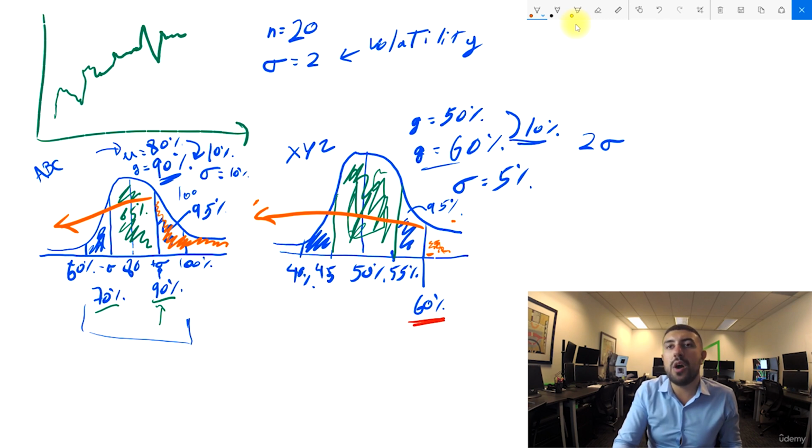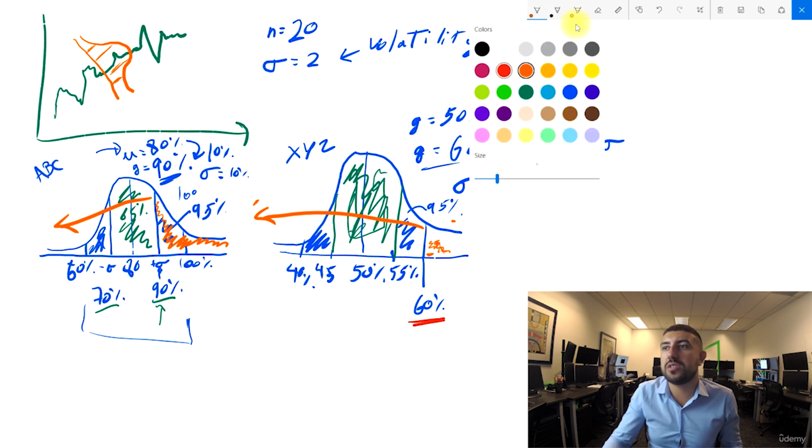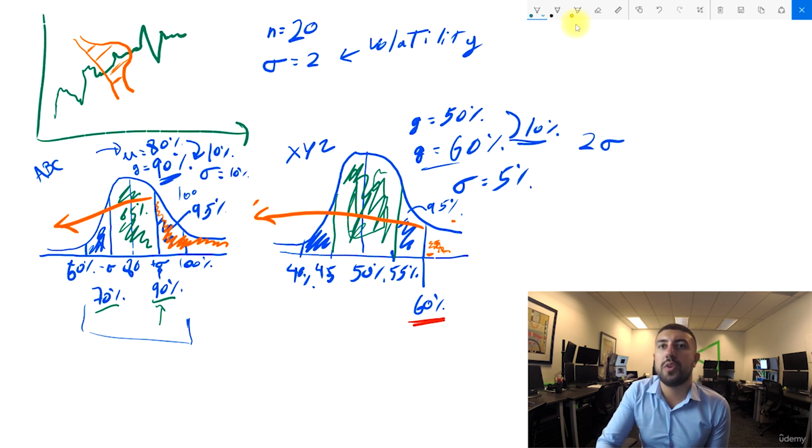And it's the same thing in stocks. I can look at the stock, and I can draw a bell curve around the stock and say, what is the probability that the price of the stock remains within 1 standard deviation? Or what about 2 standard deviations? Or 3. So I can be pretty sure that the stock is going to remain within.